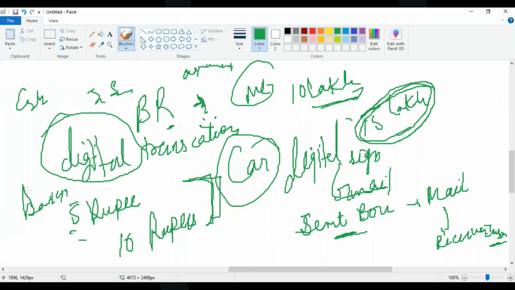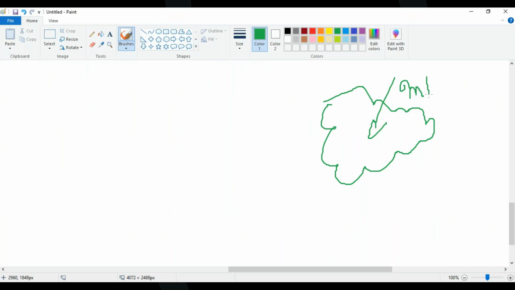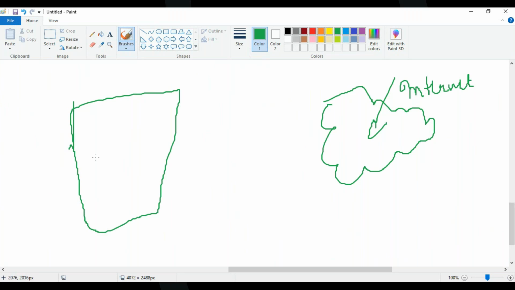Okay, let me just draw here. What's the position of the firewall? See, this is your internet, your external network. And this is your local area network, your house or your office, right?